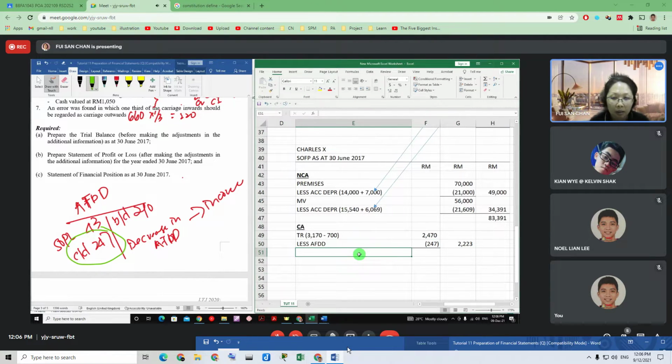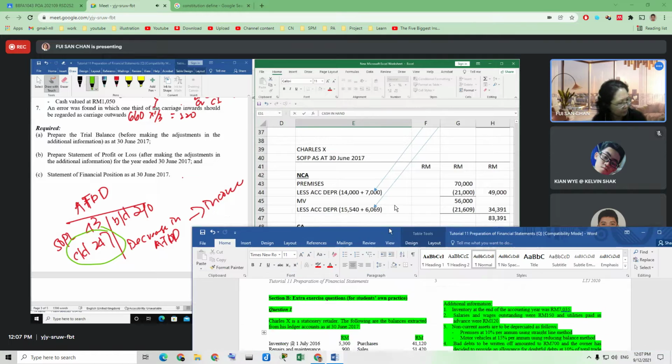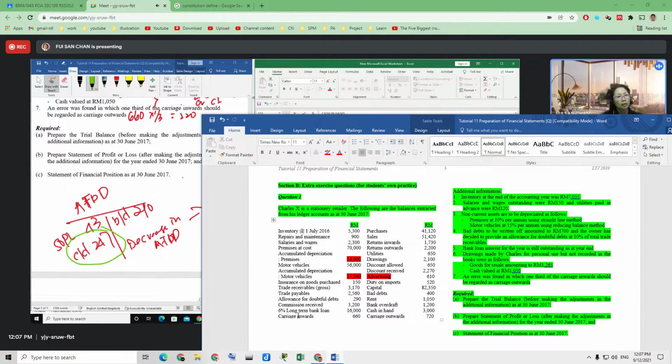What other items? Trade receivable done. Anything else? Cash. Cash in hand. Do you need to make any adjustment?